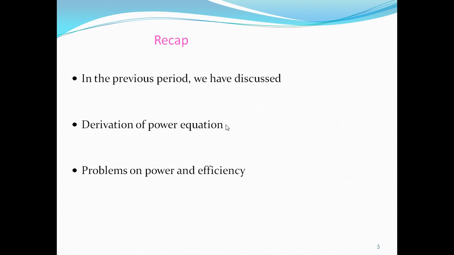Suppose the excitation is above the normal excitation, that is called over excitation.